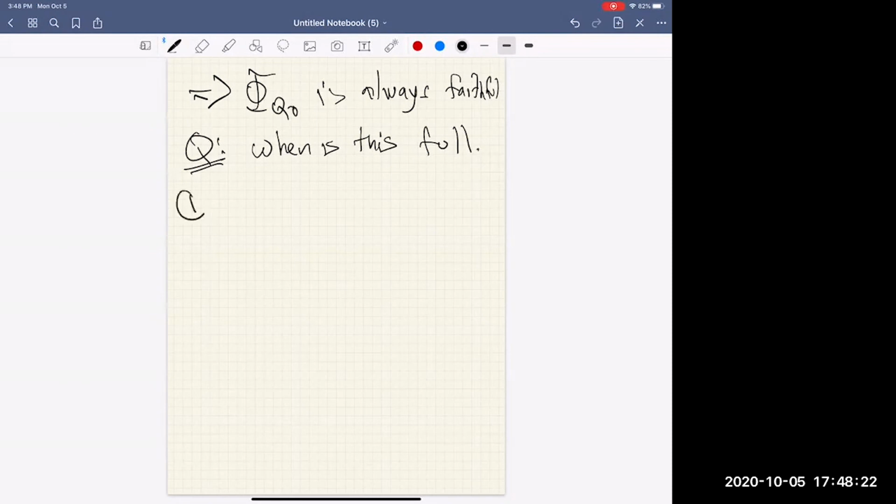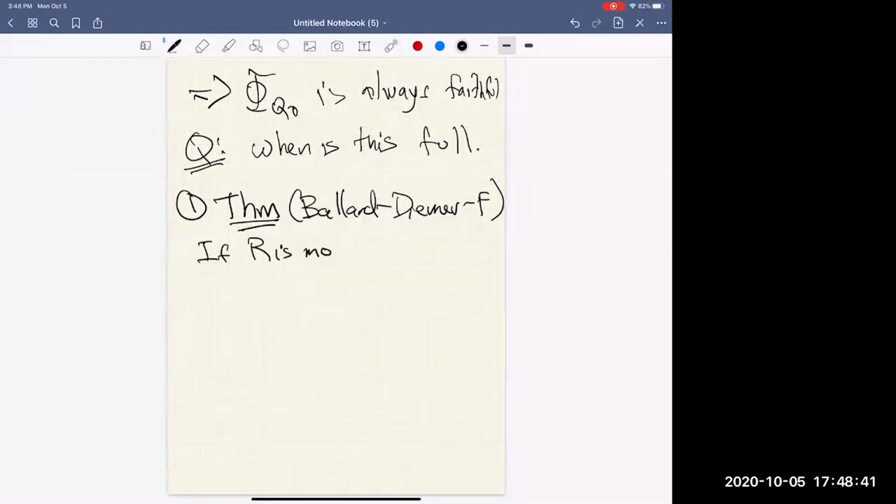So one theorem, this is Ballard, Diemer, myself, is that if R is a smooth ring with C star action, then A, phi Q naught is fully faithful.